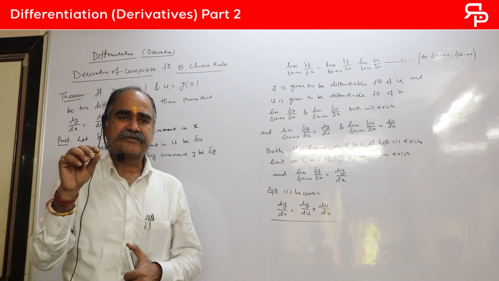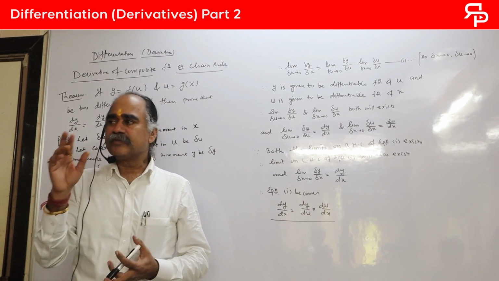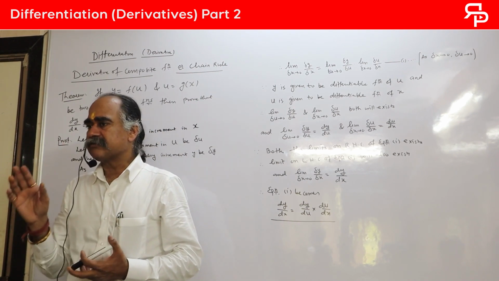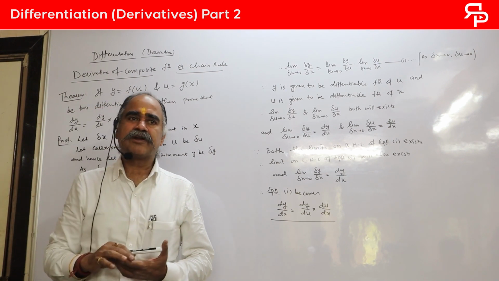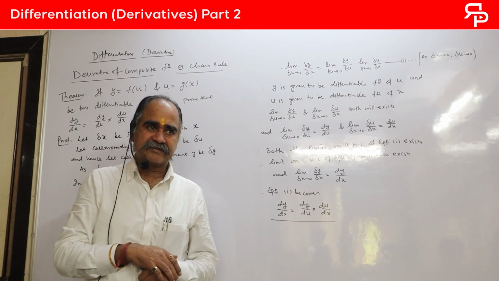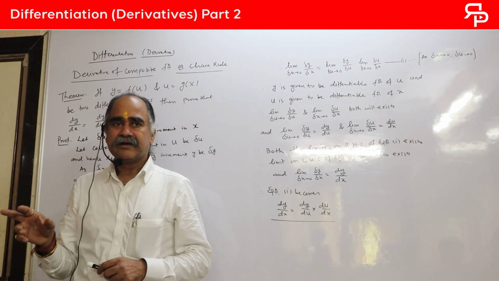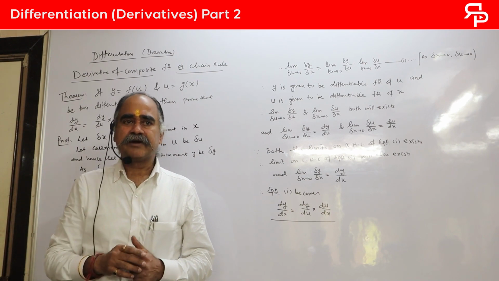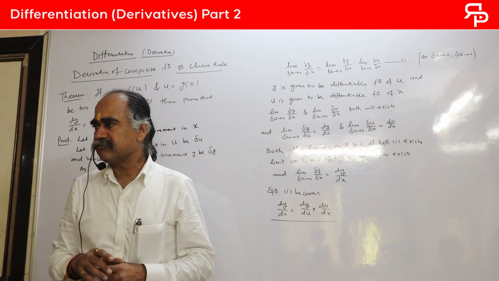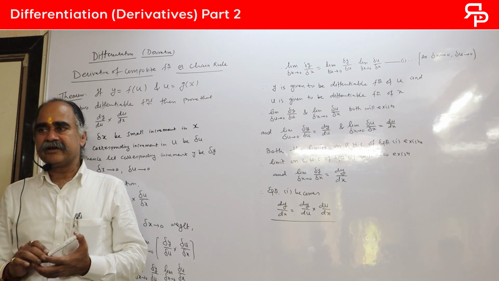Limit delta x tends to 0, delta u by delta x is du by dx. Since both the limits on the right hand side of equation 1 exist, therefore the limit on the left hand side of equation 1 will also exist, and limit delta x tends to 0, delta y by delta x is dy by dx. Therefore equation 1 becomes dy by dx is equal to dy by du into du by dx.